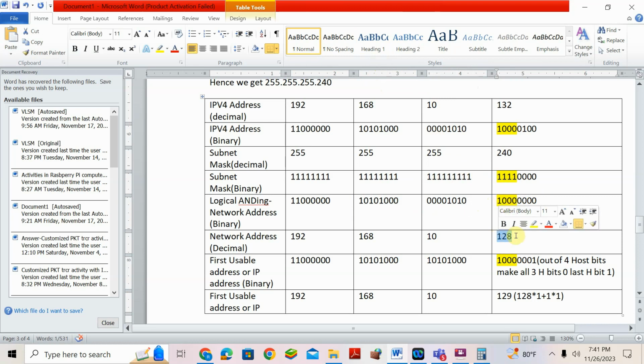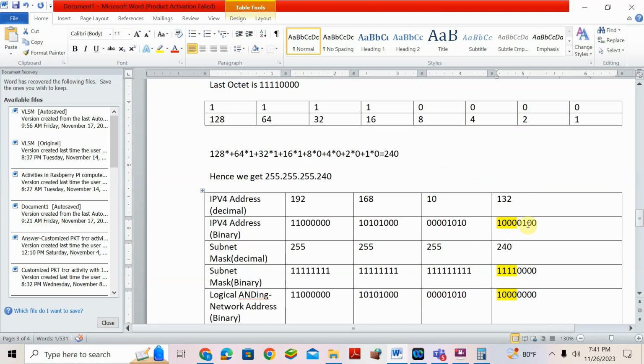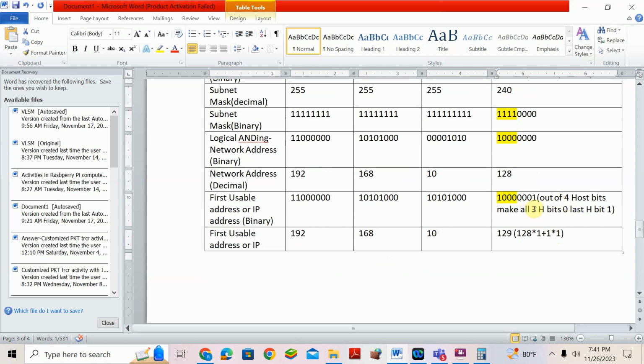Okay. Now the first usable IP. The theory is, out of the four host bits, we have the last four bits as host. Out of the four host bits, make the first three bits zero, last one one. So it will be like 1000 followed by 0001. So what is the decimal value here?